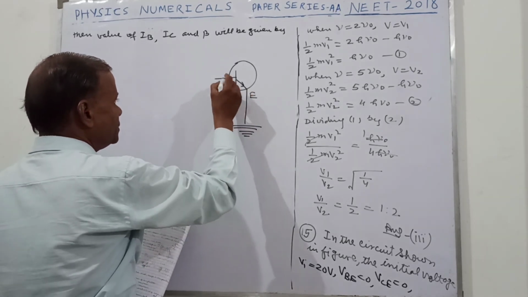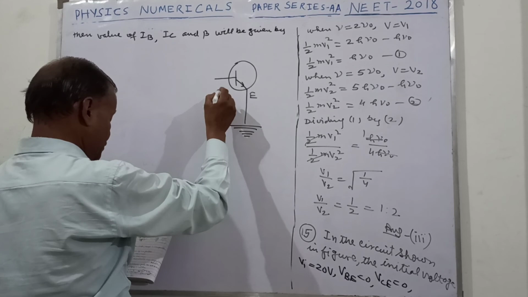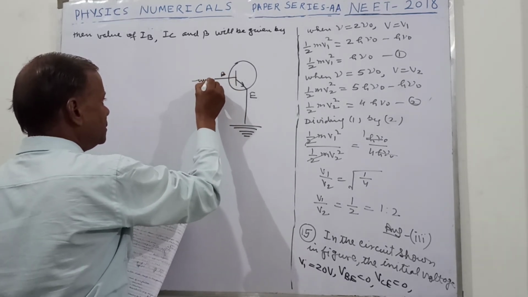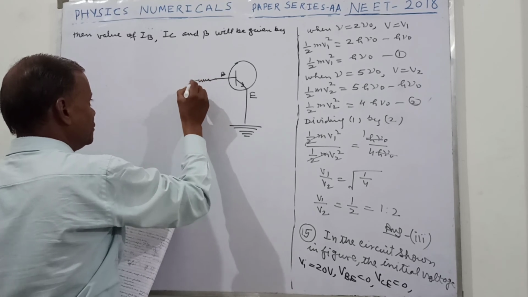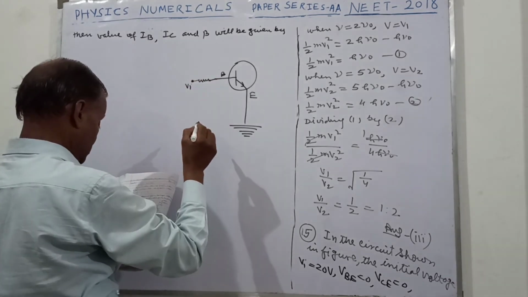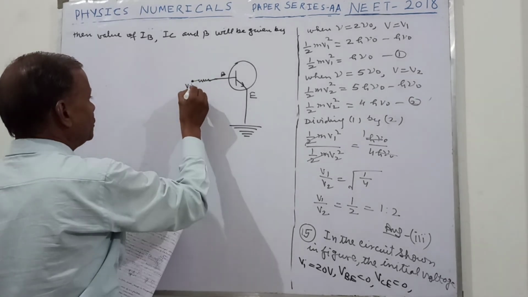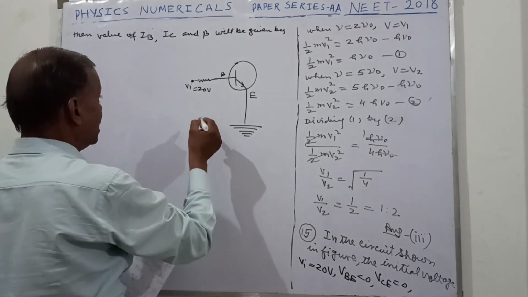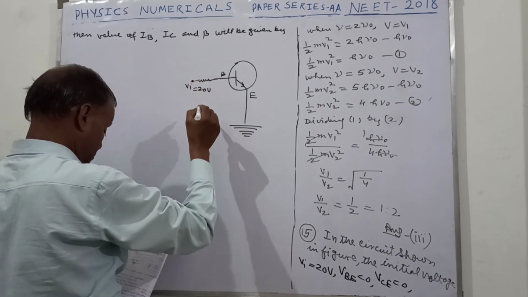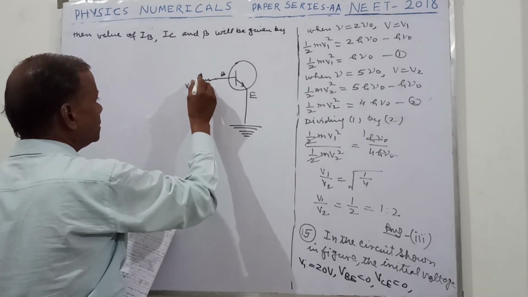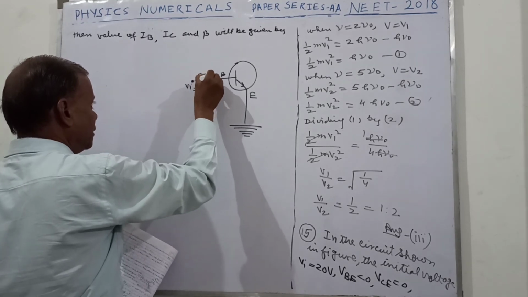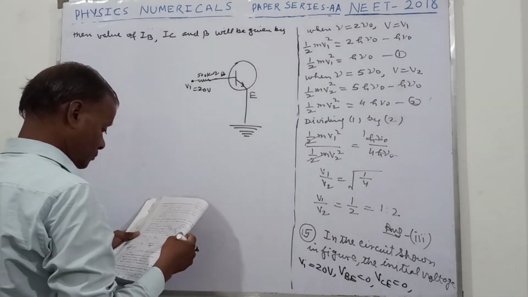This is E. Here is B. This is resistance. Now given your Vi, and Vi is your 20 volt. Here this R is equal to 500 kilo ohm.